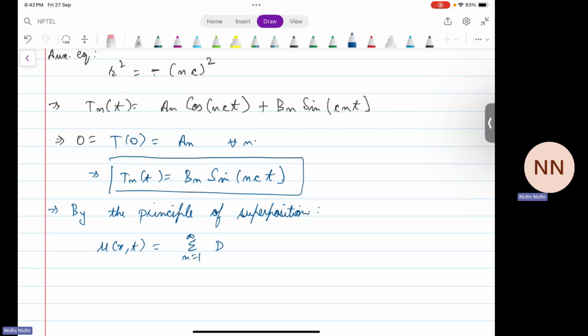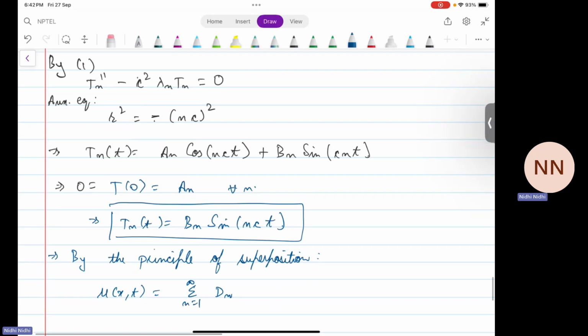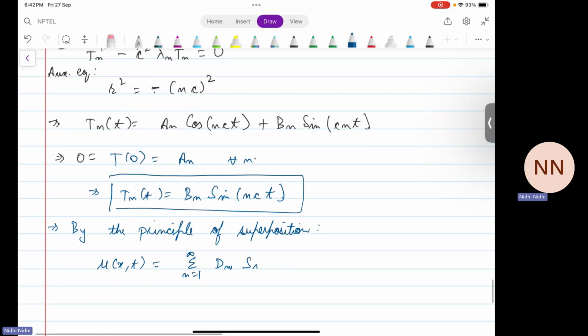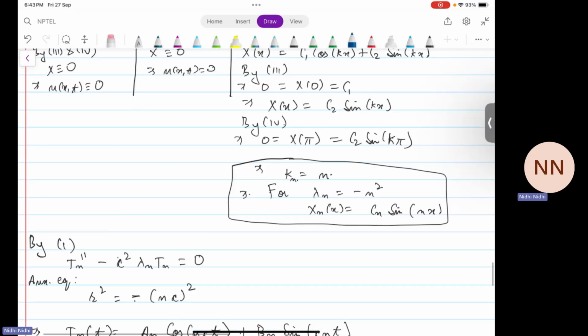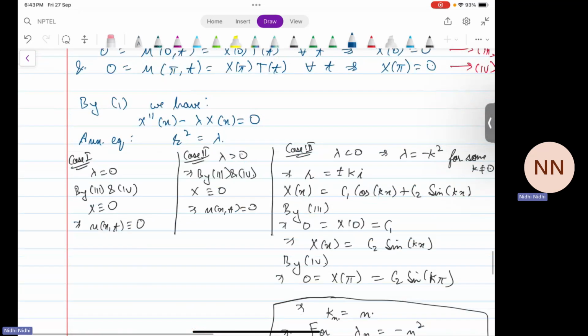We'll take some other constant dn, which is just bn times cn, sine nx times sine nct. Now till now we have not used one initial condition, that is ut(x,0).